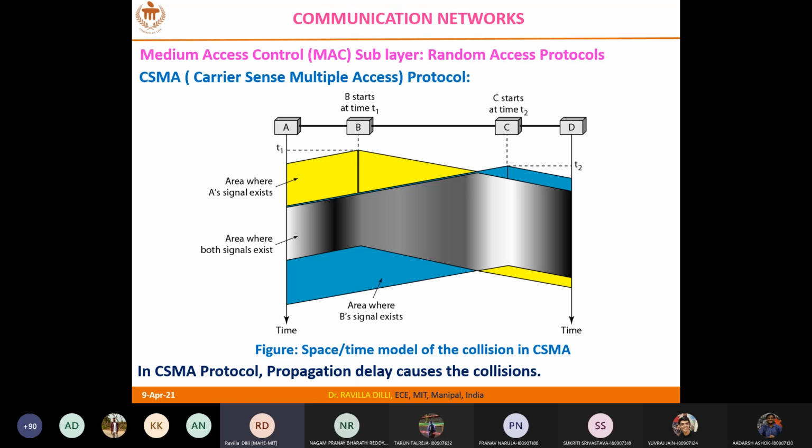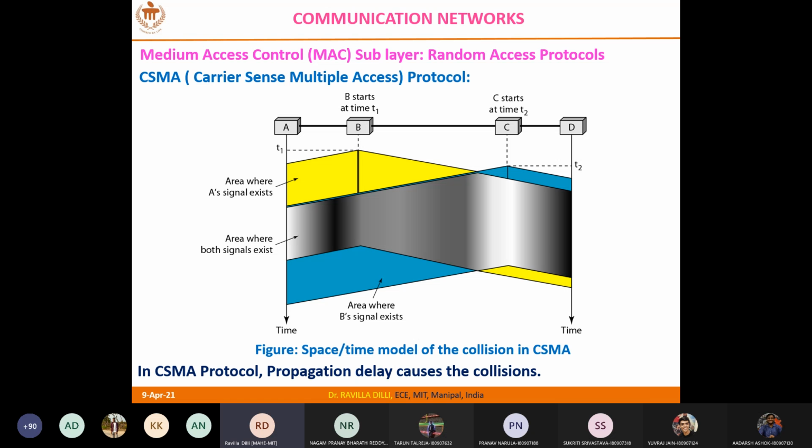Now, what happens just before the arrival of the first bit of frame A at node D? Try to understand, I am discussing the worst scenario in the network.